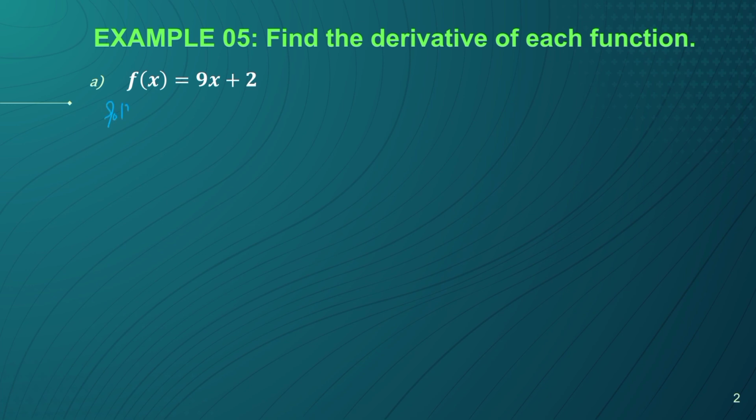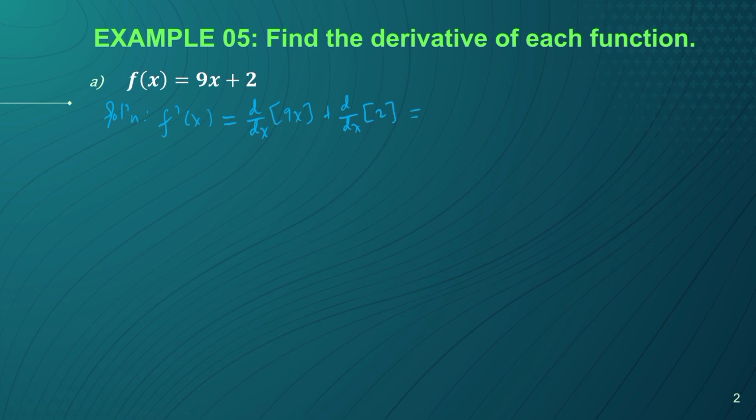So here's the solution. First, our f prime of x, the derivative of the given function above, is d over dx of 9x plus the derivative d over dx of constant 2.